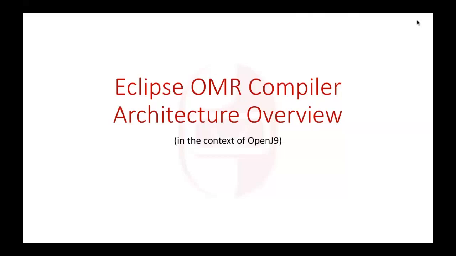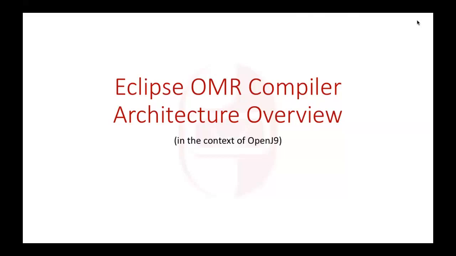What I thought I could do is level set most people on the basic concepts of how a backend in OMR actually works and how the OMR compiler technology actually works.